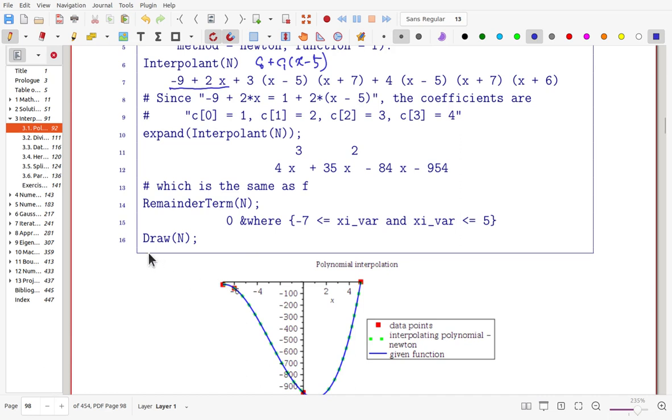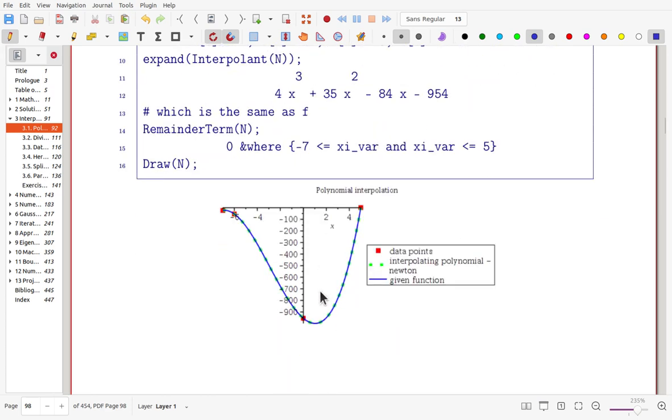And if we draw the Newton form of interpolating polynomial, then this green is the Newton form of interpolating polynomial, and the blue curve is the original function. They must be identical, and these red squares are the data points.